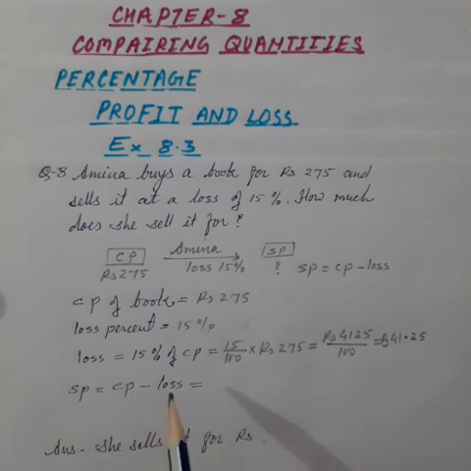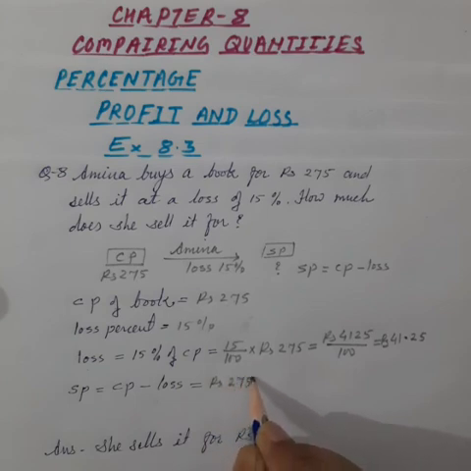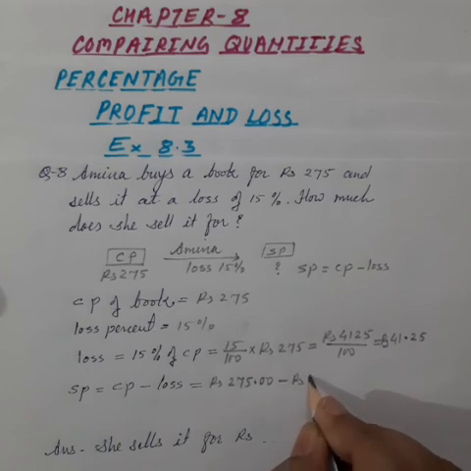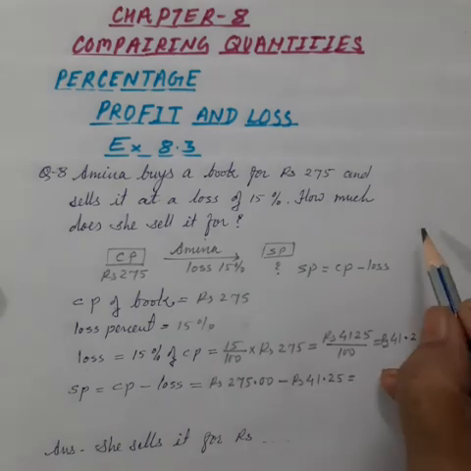So we have to subtract loss from cost price. Cost price is rupees 275. Loss is in decimal. This also we will write in decimal. And from this cost price, subtract loss. Loss is rupees 41.25.